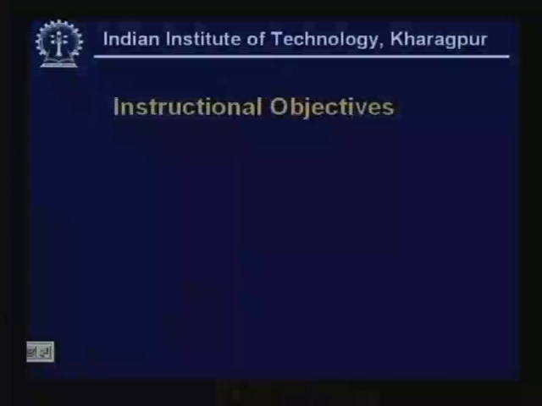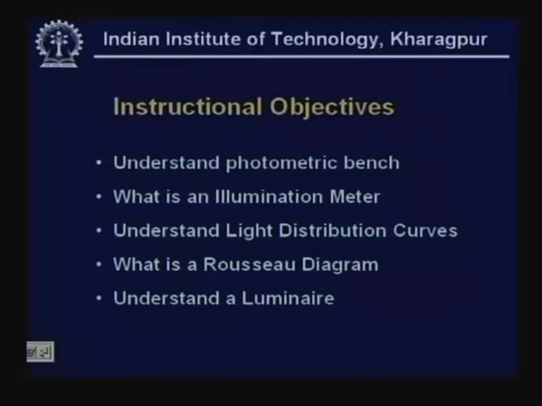And in fact, the objectives of this lecture are: 1. To be able to understand what is a photometric bench, what is an illumination meter, understand the light distribution curves, what is a Rousseau diagram, and what is a luminaire. So this is the framework under which we are going to address this particular lecture.